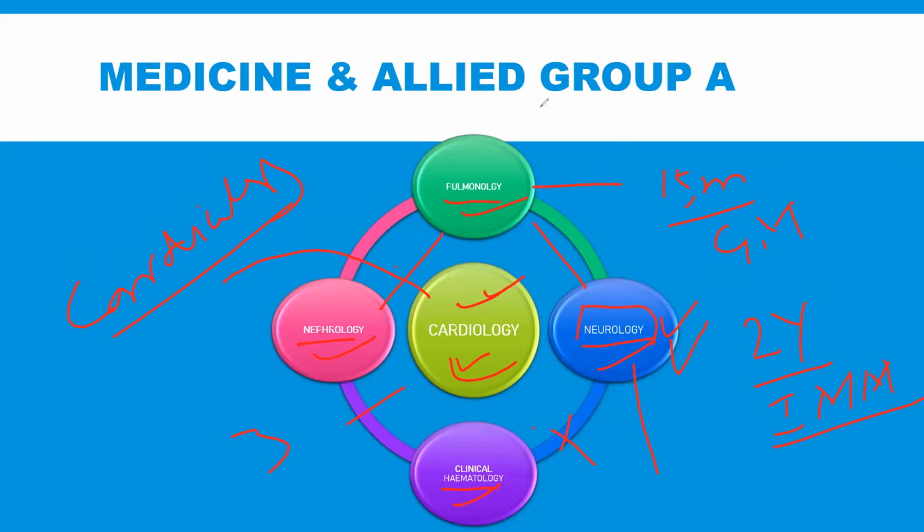Initially you applied for neurology, but you didn't like it during your rotation, so you would like to go to cardiology. You can go to cardiology later on after 2 years. Similarly, if you didn't like neurology and you want to go to pulmonology, you can go to pulmonology.